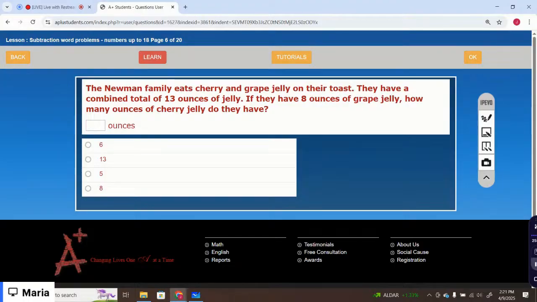The Newman family eats cherry and grape jelly on their toast. They have a combined total of 13 ounces of jelly. If they have 8 ounces of grape jelly, how many ounces of cherry jelly do they have?